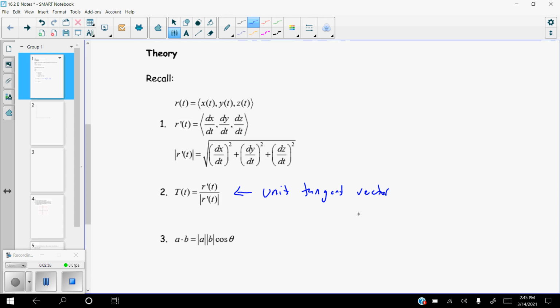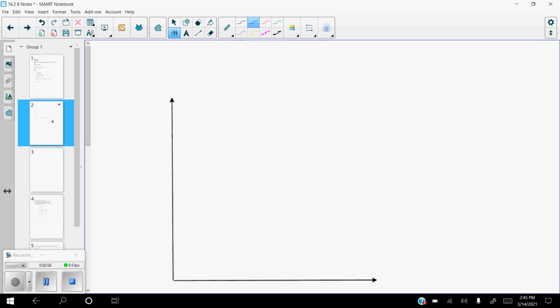And then we go back to a formula that we used way back when we first started, that the dot product of 2 vectors a and b is the same thing as the magnitude of a times the magnitude of b times the cosine of the angle in between. We used that a really long time ago when we started talking about dot product properties. All right, so we're going to use all these things in the development.